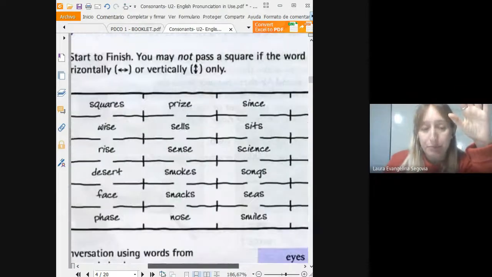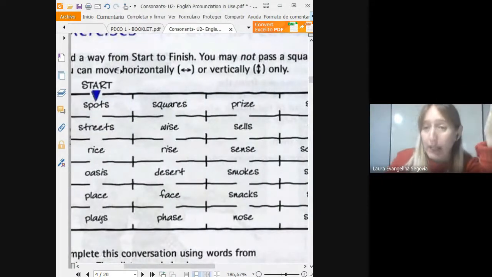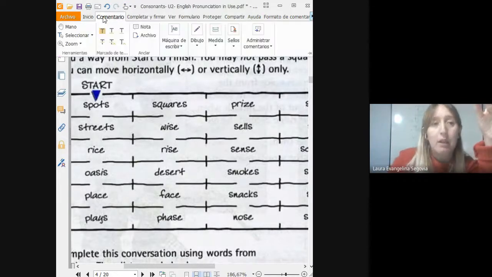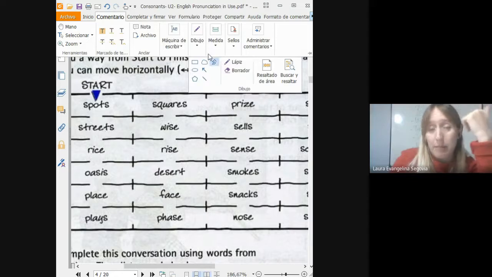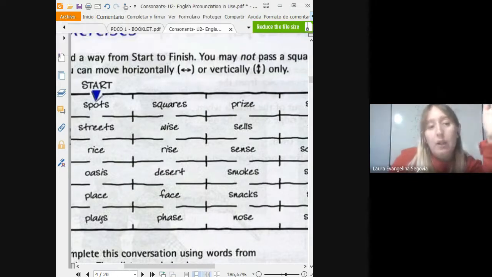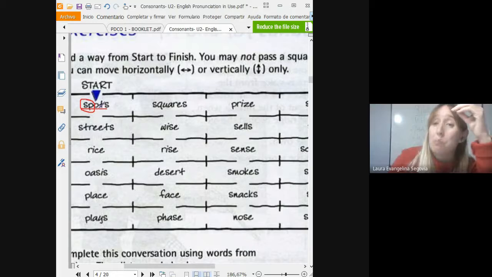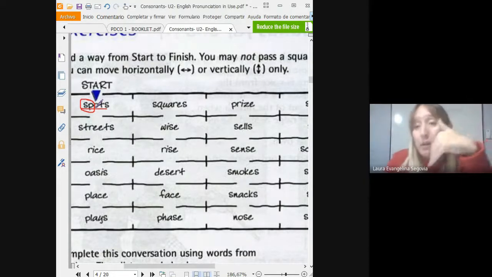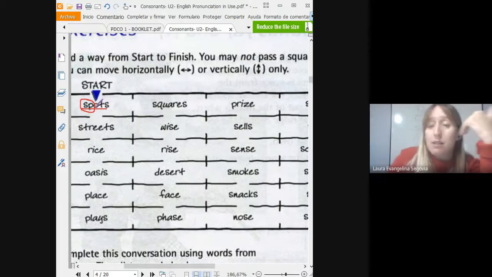Remember that this idea of consonant cluster is related to two consonants together. For example, in last class's video, I explained how you call this join. This is a word in which you have at the beginning a consonant cluster. There was a special thing with the s sound at the beginning: sp, st, sk.